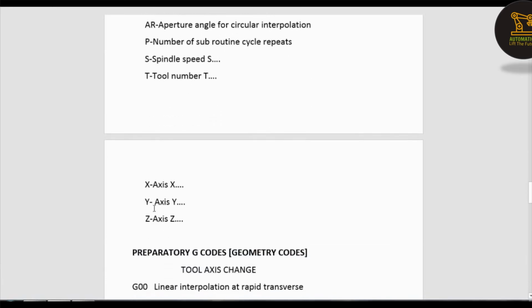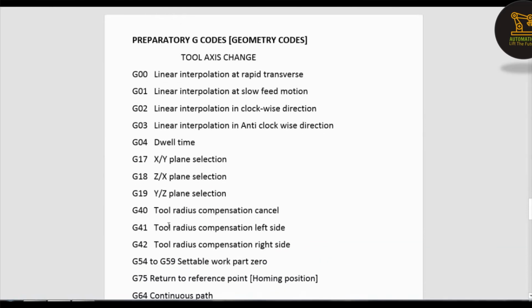Now let us discuss preparatory G codes. These G codes decide the tool axis change. G00, linear interpolation at rapid traverse. And G01, linear interpolation at slow feed motion. G02, circular interpolation in clockwise direction.